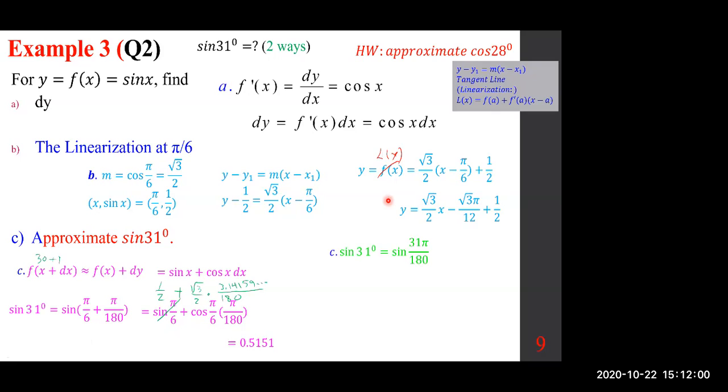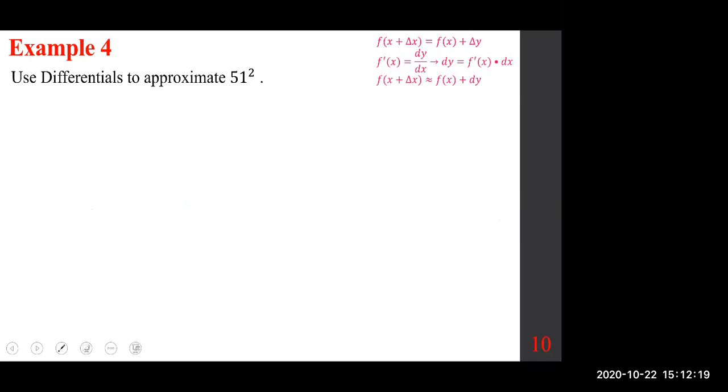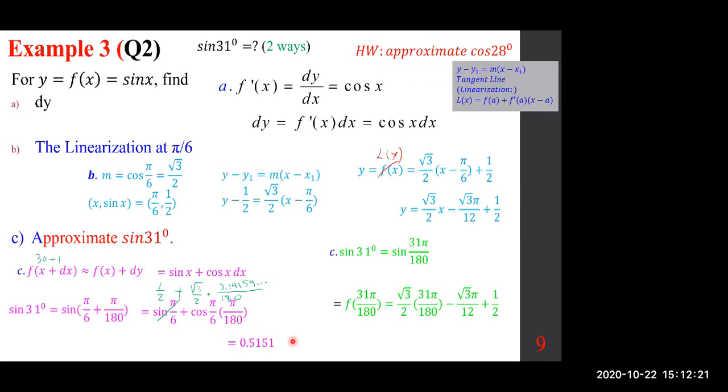So therefore, you replace the x with 31 pi over 180. So square root of 3 over 2 times x, which is 31 pi over 180, minus square root of 3 pi over 12 plus 1/2. Now you use your calculator, and class, you get the same answer. I didn't put that, but you get the same answer.